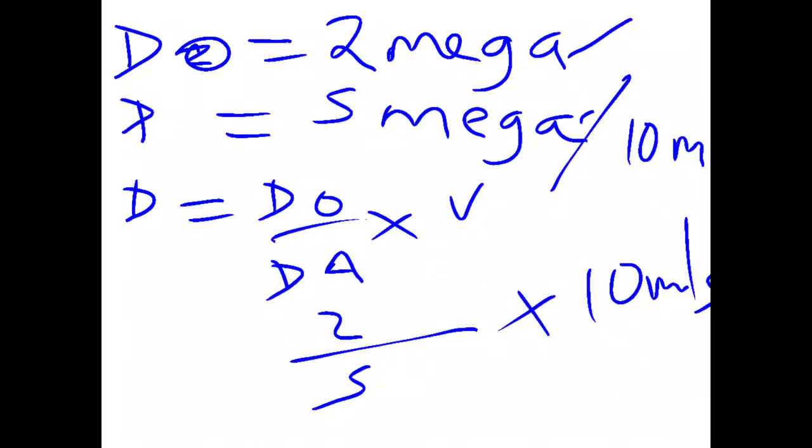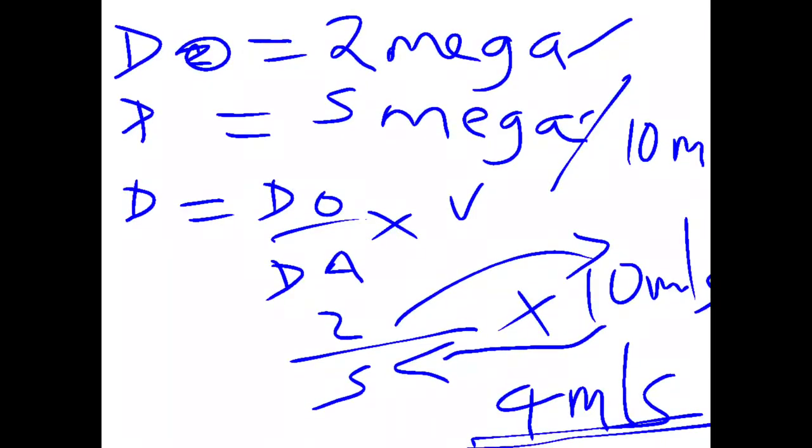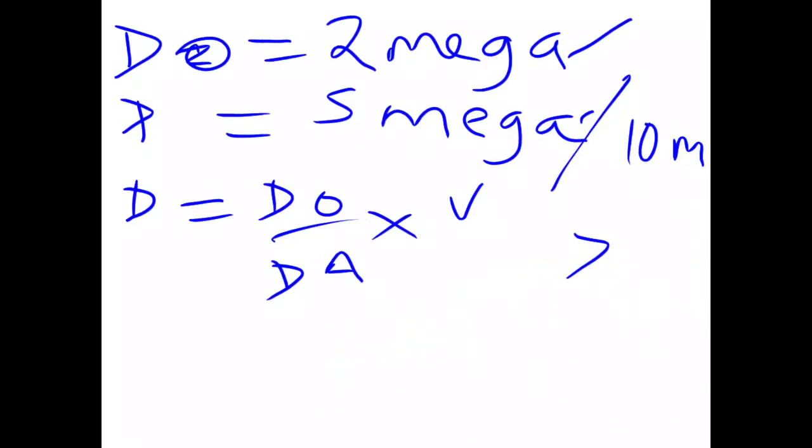When you do the calculation, you say 2 multiplied by 10, that is 20, divided by 5, meaning your answer is 4 mils. So in mils, the amount of drug that you're going to give to the patient is 4 mils, using the same formula of drug calculation.